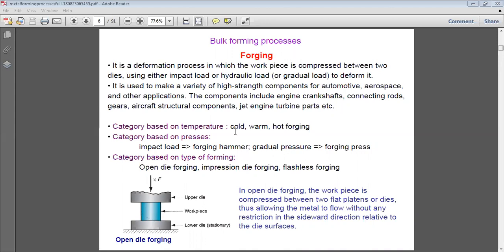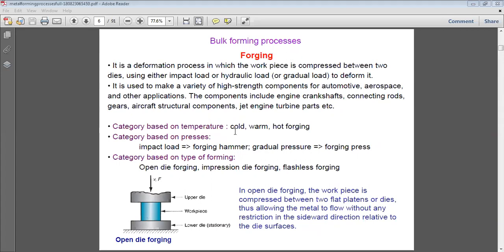Then category based on presses. So the press, basically these dies are also known as presses in this case. For impact load, that is the forging hammer. If we are to apply the impact load, that means a sudden load is to be applied, then it is taken as a forging hammer. And if there is loading of a gradual pressure, means we have to increase the pressure in a gradual way, slowly and slowly.